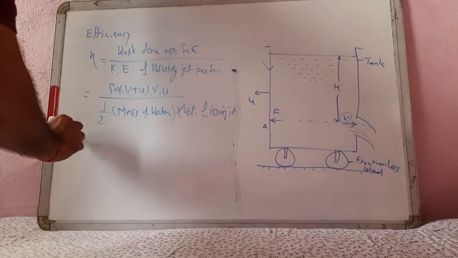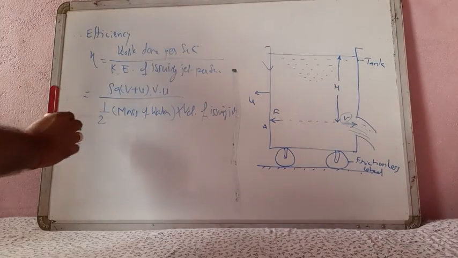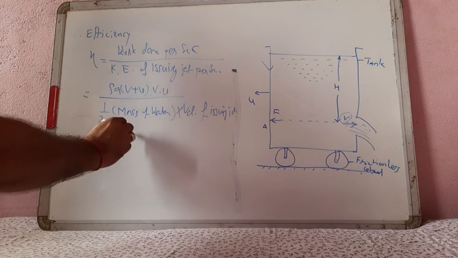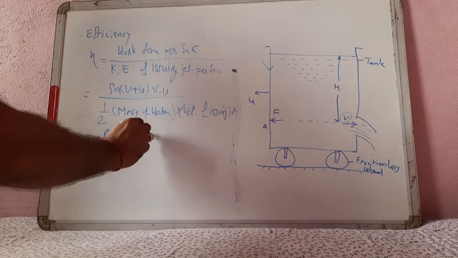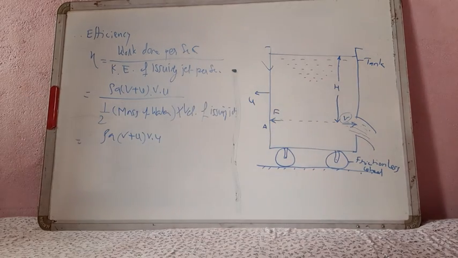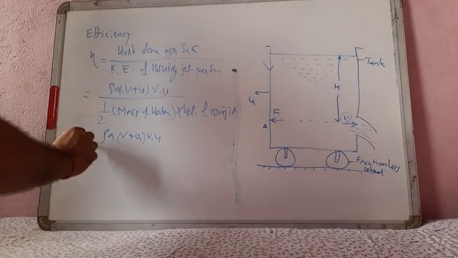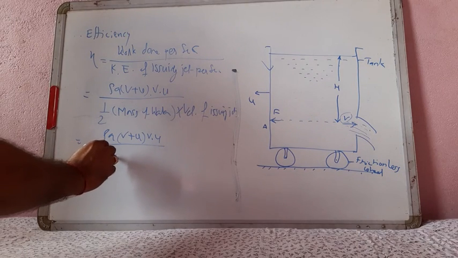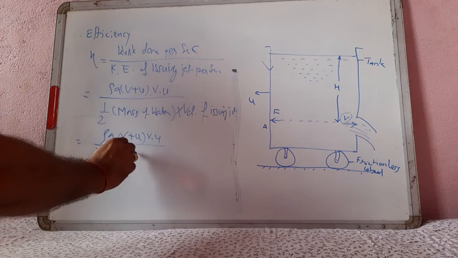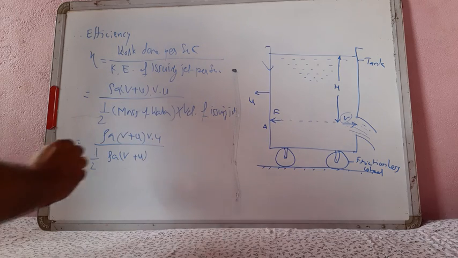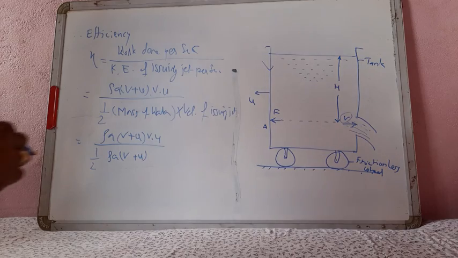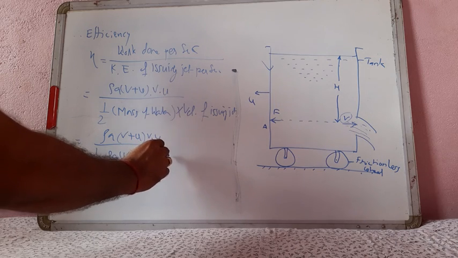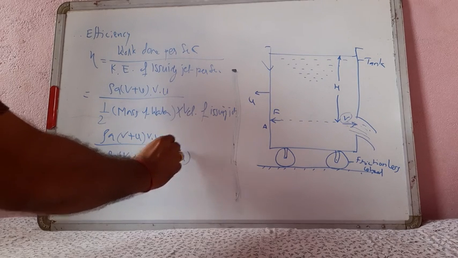Putting the values here, this is rho A (V plus U) into V into U, divided by half of rho A (V plus U). Here this is the mass of water striking, and this is Vr, that is (V plus U) square.